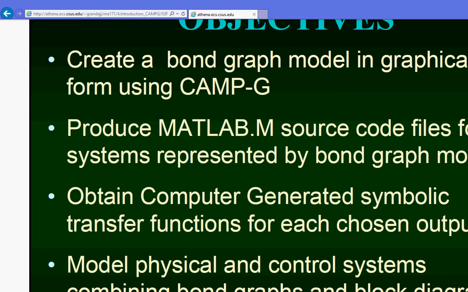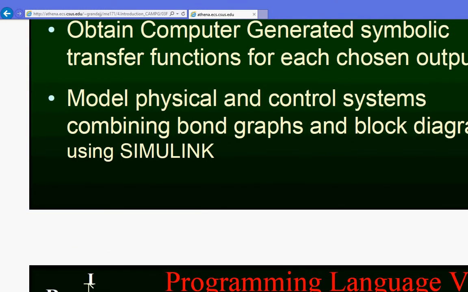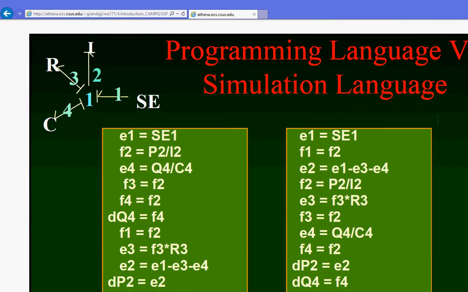Okay, once the program is run, you have two possibilities of sets of equations. One is the MATLAB type equations, the other one I call the ACSL type equations. Both sets are totally equivalent, both sets solve the same problem.